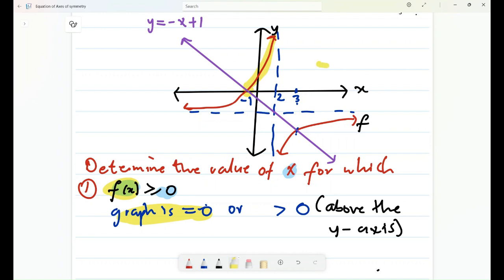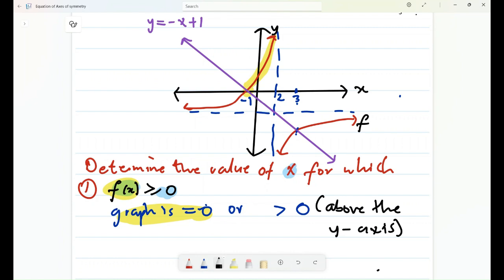So it means between this point negative 1 and point 2, our graph is greater or equal to 0. Here it is equal to 0, but here it is like this. But remember here it does not touch this graph again. You can see it is between which points? Between negative 1 and 2. You all agree?